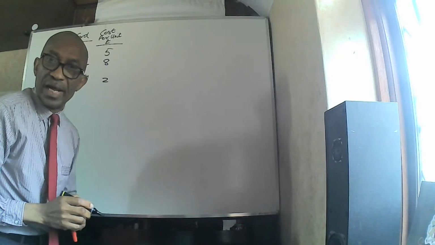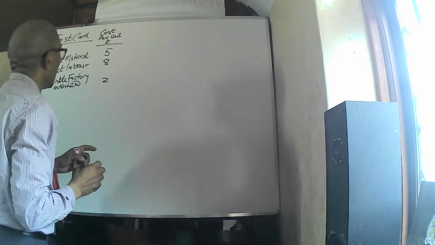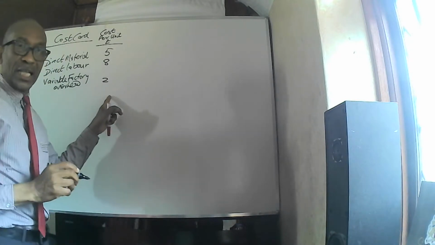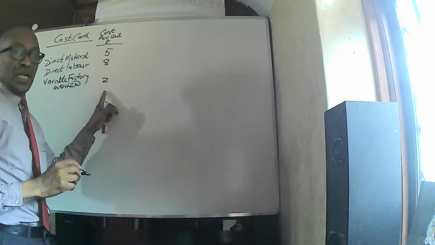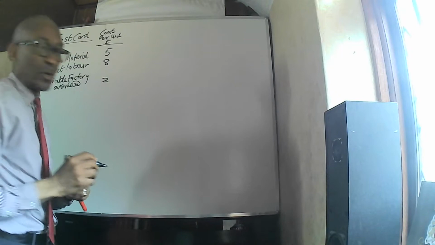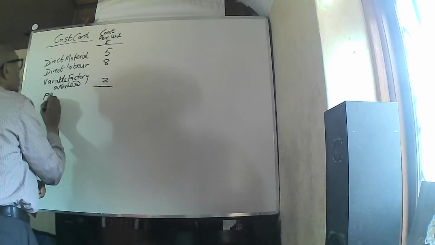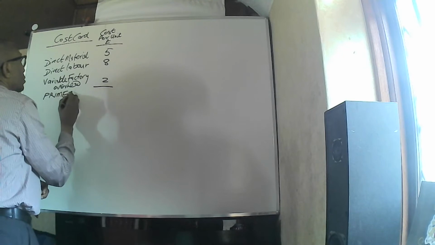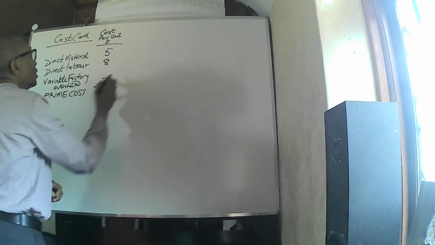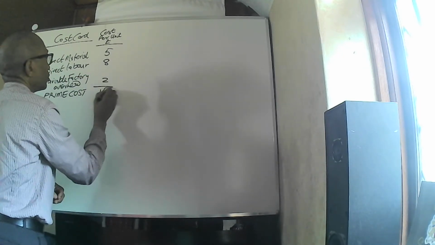Remember from my last lesson, all these variable elements we call prime cost. $15.